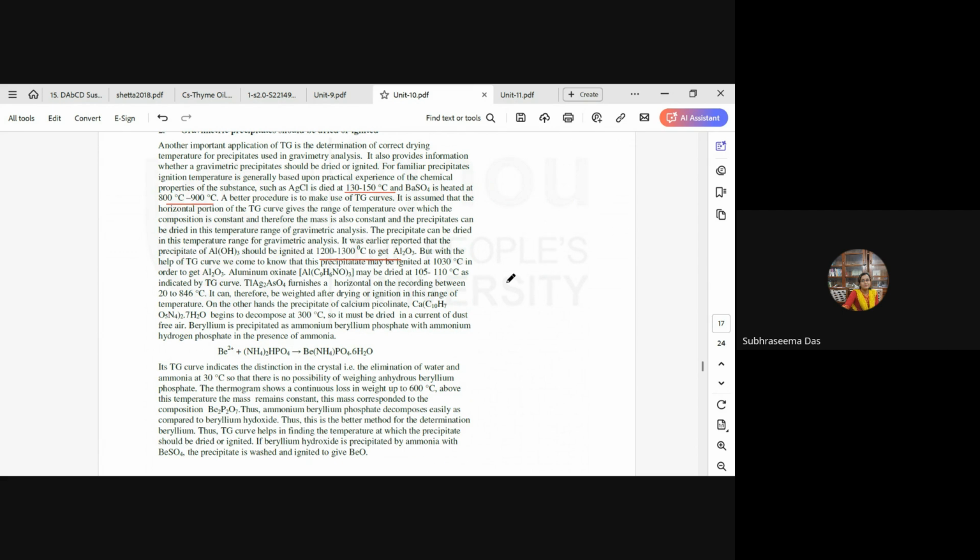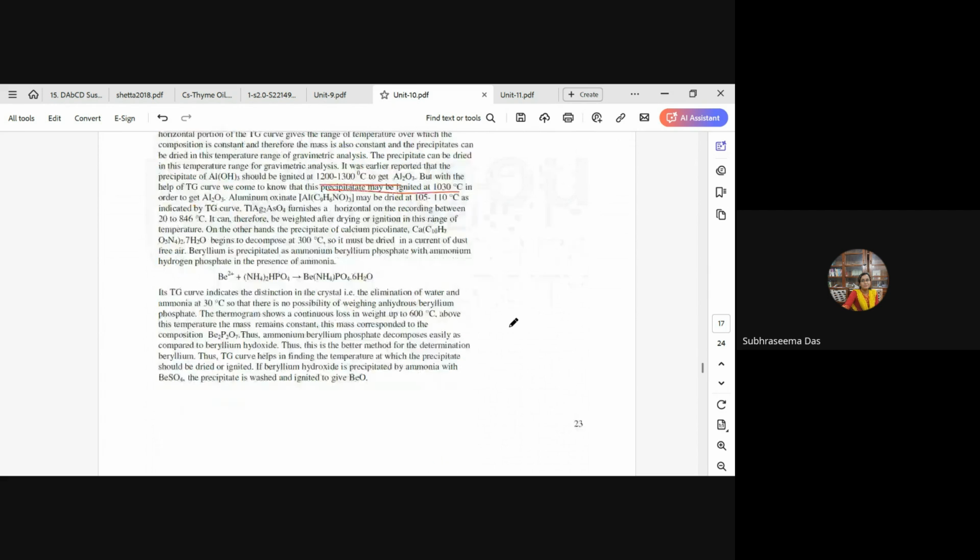But with the help of the TGA curve, we know that the precipitate may be ignited at 1030 degrees centigrade to get the alumina. So this is how TGA curves can be used to know the drying temperature for certain precipitates.